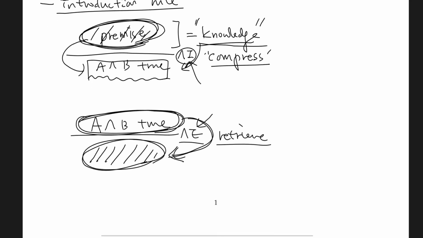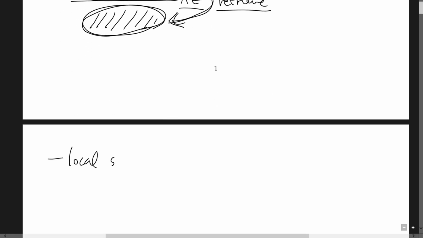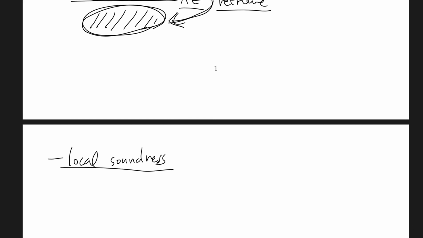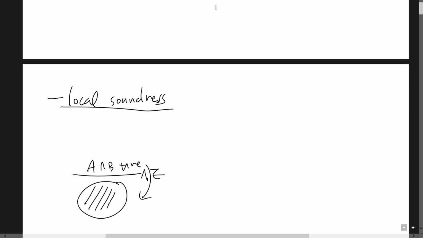Then what is the local soundness property? The local soundness property states that, let's say we have some elimination rule, say A conjunction B true, and by applying this elimination rule, we retrieve some knowledge.